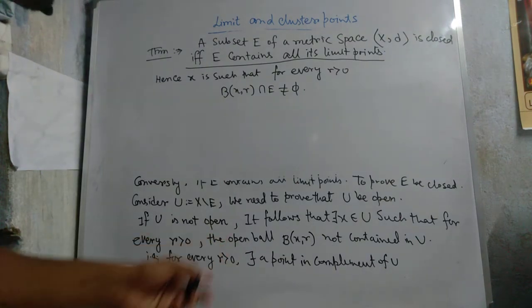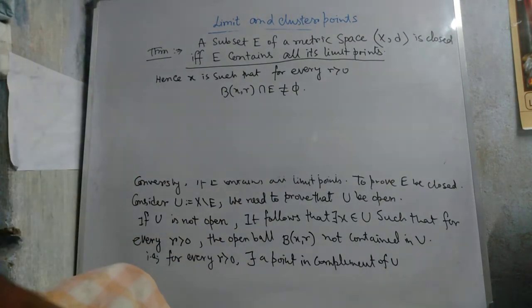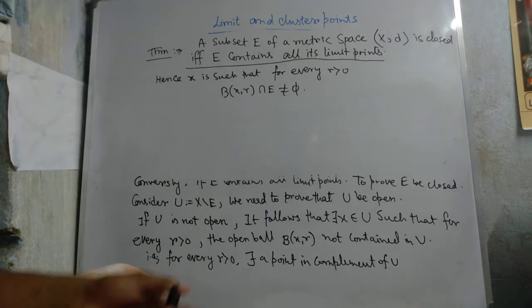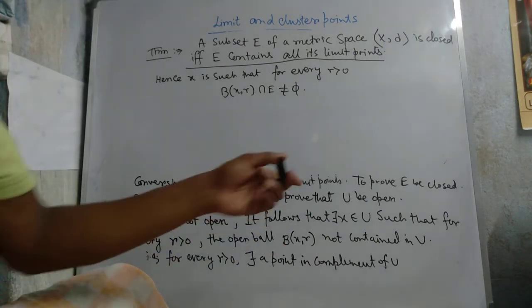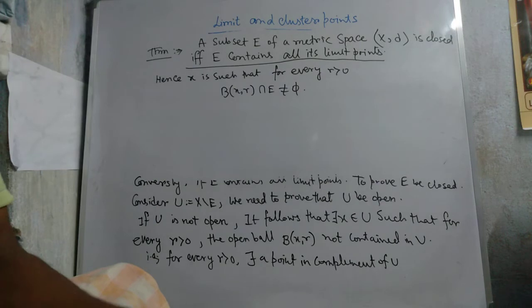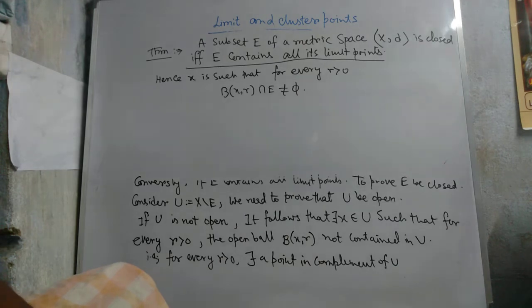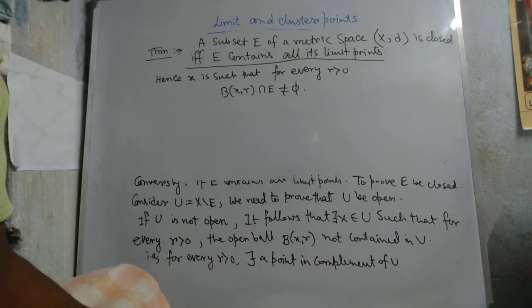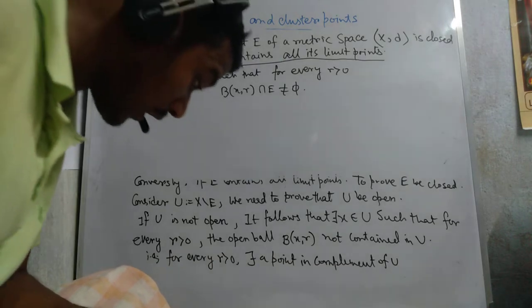So E contains all limit points. To prove E closed, we construct X \ E, then we see that U is open, then E is closed. If U is not open, then there exists an open ball which is not contained in U. That is, for every epsilon, a point in the complement of U. A point in the complement of U means a point in E intersection B(x, r) is not equal to empty set.